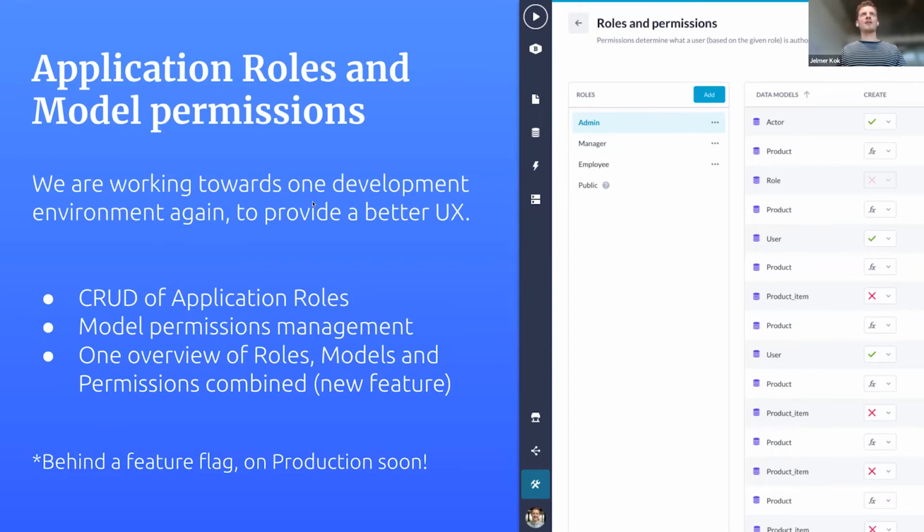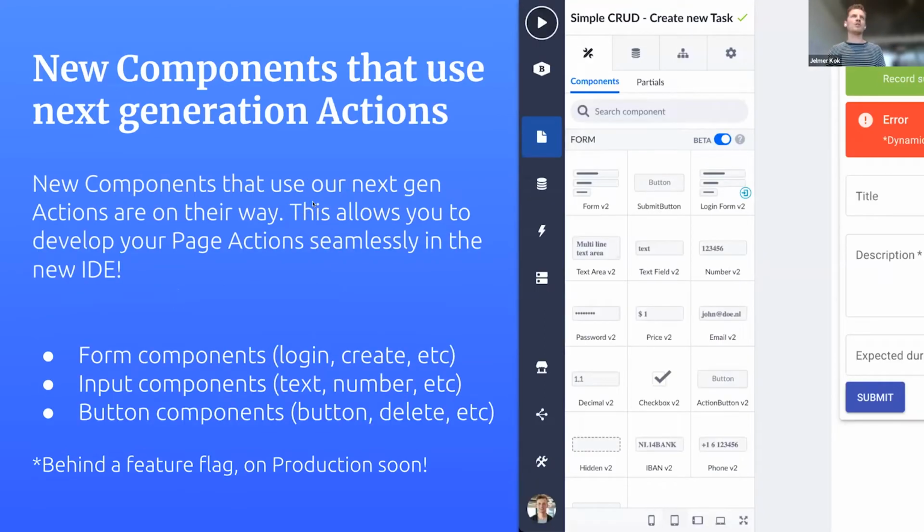So the next thing that we did was we developed new components that use next generation actions. Now, what does this mean? We are moving from two development environments to one again. And one of the missing elements in the new IDE is the actions. And actions are generated by page builder components.